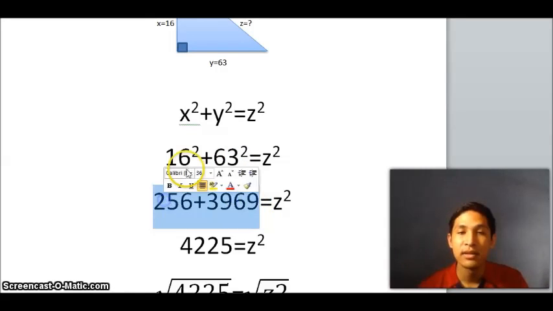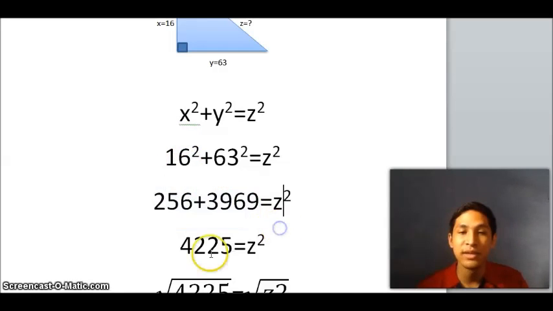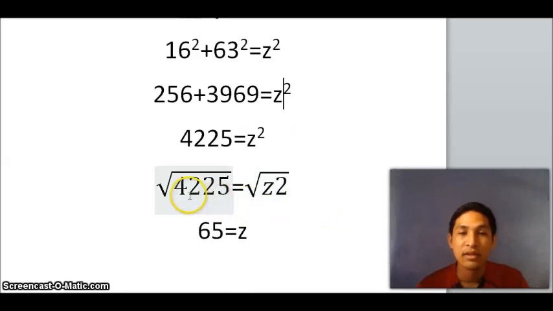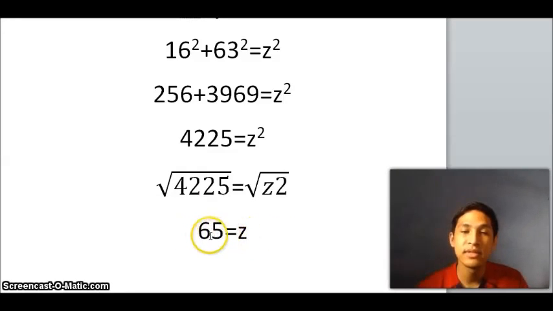We add the x square and y square, and we will get 4225, which is equal to z square. To eliminate the square, we have to square root both sides. The square root of 4225 is equal to 65. So we get the hypotenuse equal to 65.